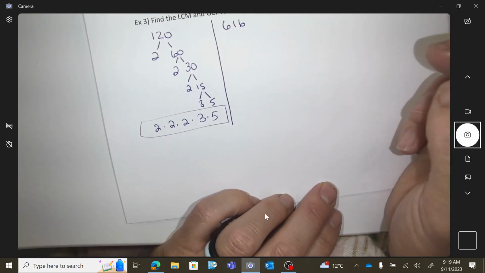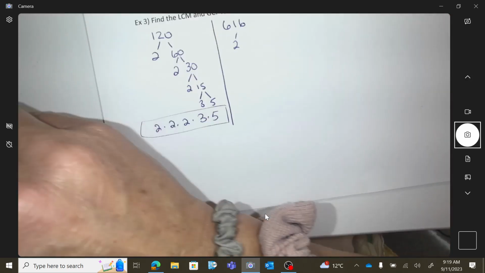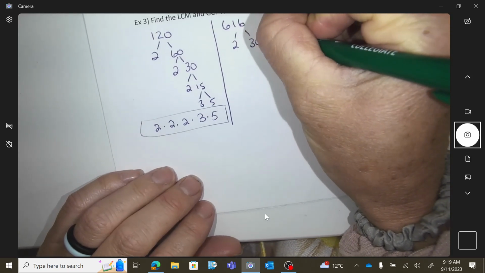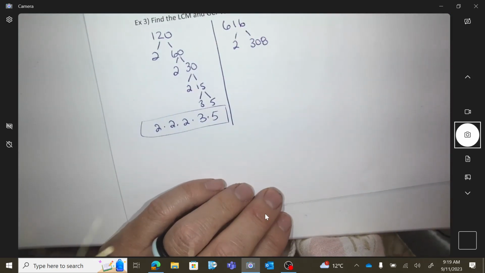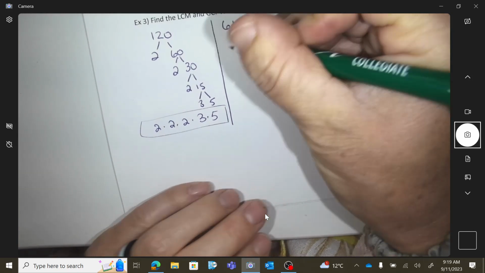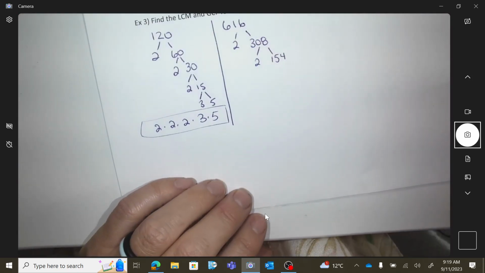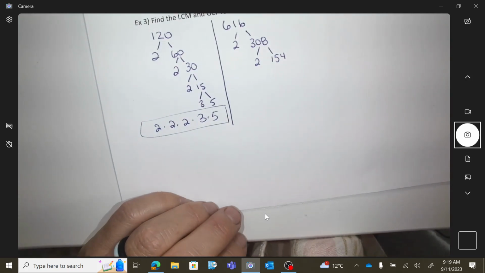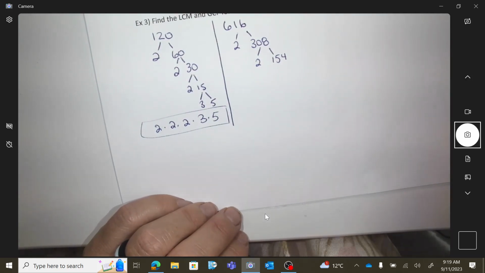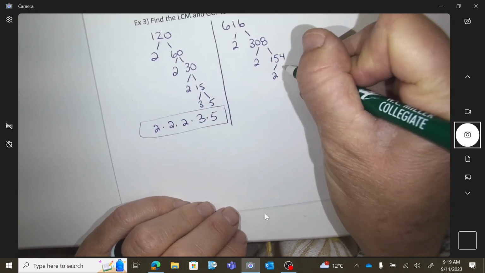Okay, 616, 2, yes. 308. 308 is even. So 154. 154 is even.